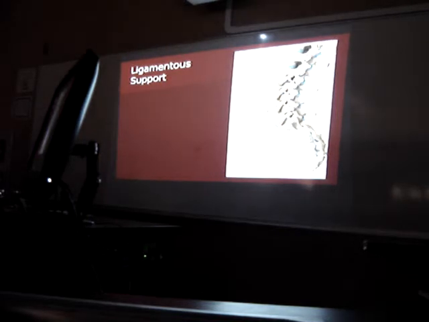Okay, lots of ligamentous support. Part of the function of these spinous processes is that there are all kinds of ligaments, as well as the transverse processes. There are ligaments connecting every one to every other one, adding support to the vertebral column.